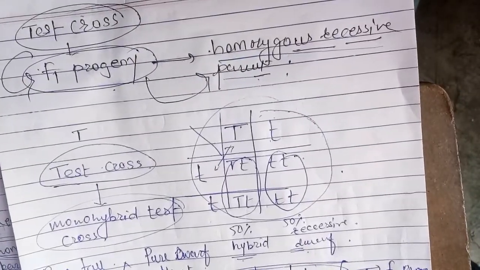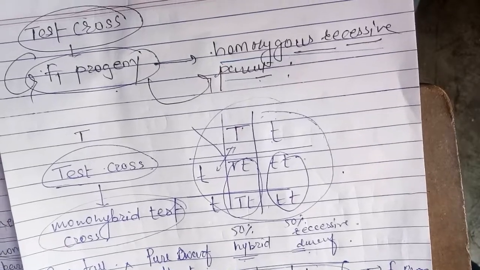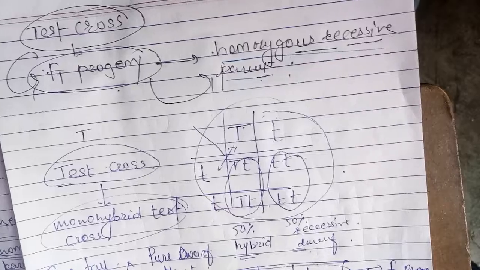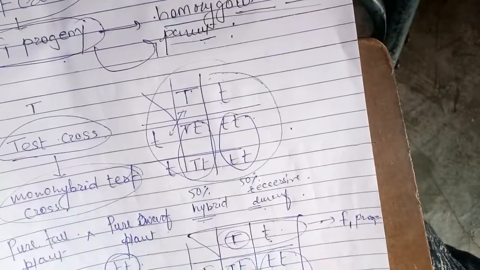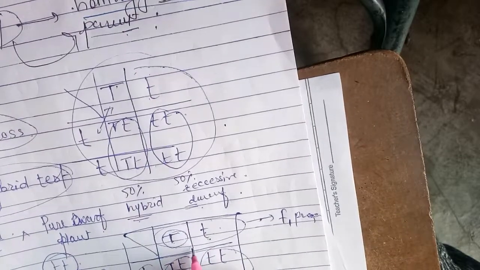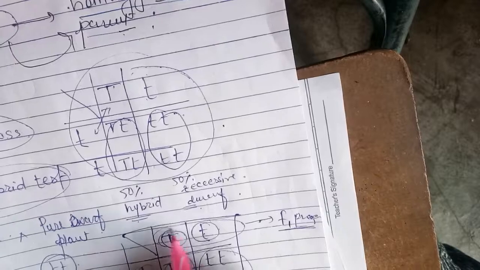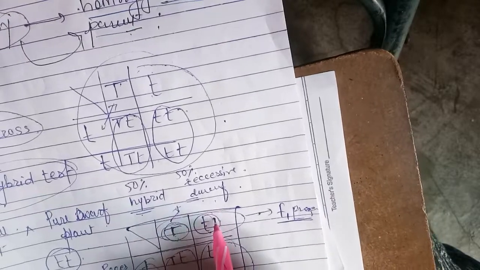So why are 50% hybrid tall and 50% recessive offspring seen in the test cross? Because when we take the F1 progeny, two different gametes are seen, one of capital T and one of small t.